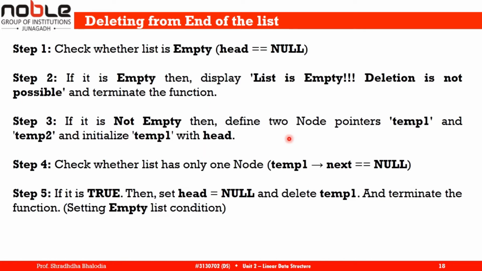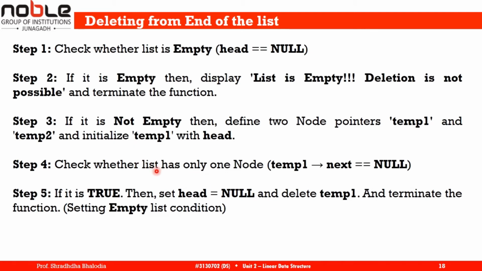If it is not empty, then define two node pointers, temporary 1 and temporary 2, and initialize temporary 1 with the head. Check whether the list has only one node, the same as we check when deleting from the beginning of the list. If the list has only one element and we are deleting this element, then there is no element left in the list, so we need to set the empty condition.